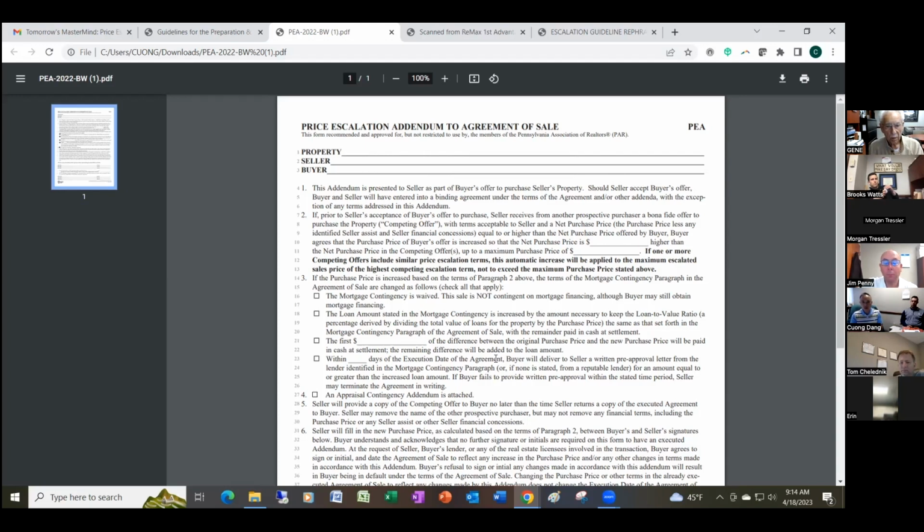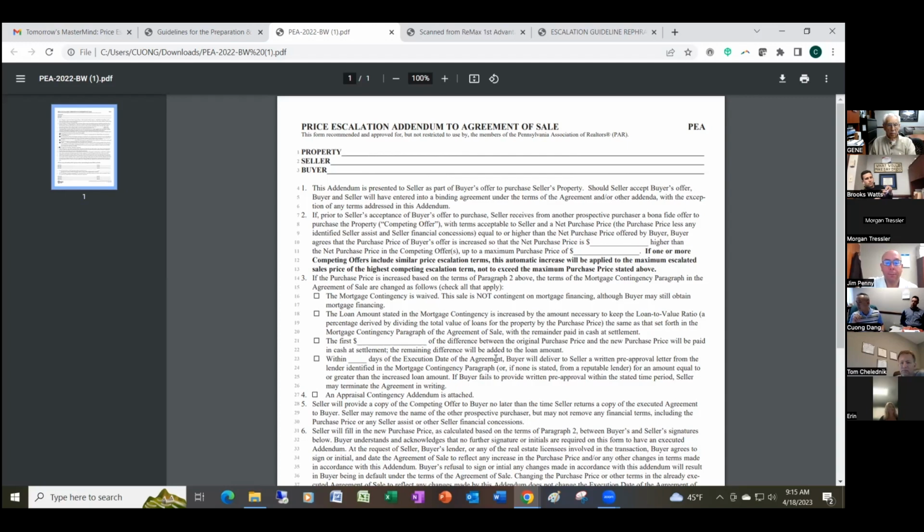This is not contingent on mortgage financing, although buyer may still obtain mortgage financing, okay? It's very similar to the agreement of sale where it's waived or elect, right? You waive it, it has the same phrase pretty much. So I had a question a couple weeks ago that if you elect the mortgage contingency on the agreement of sale, can you waive it on this addendum?